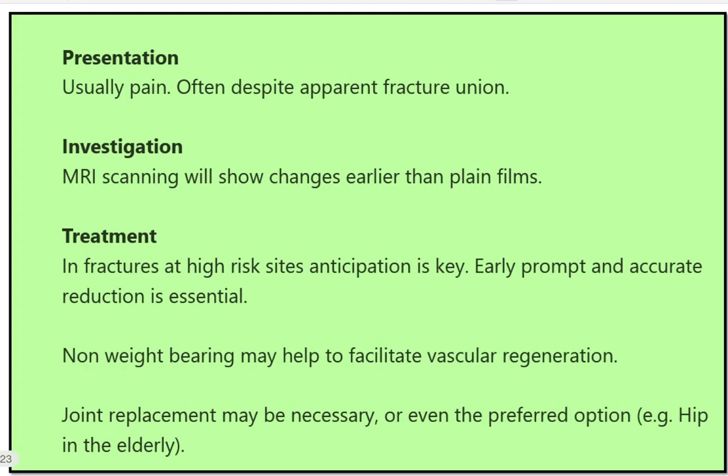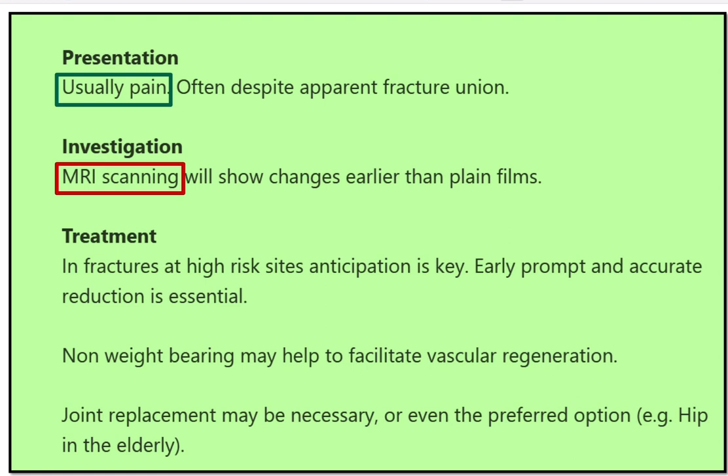What is the presentation? The presentation of avascular necrosis is usually pain. Pain is the first and most important symptom. And what is the investigation? MRI scanning is important, because in the X-ray these changes are usually not visible. And what is the treatment? Treatment includes, first of all, when a fracture develops, management of the fracture.